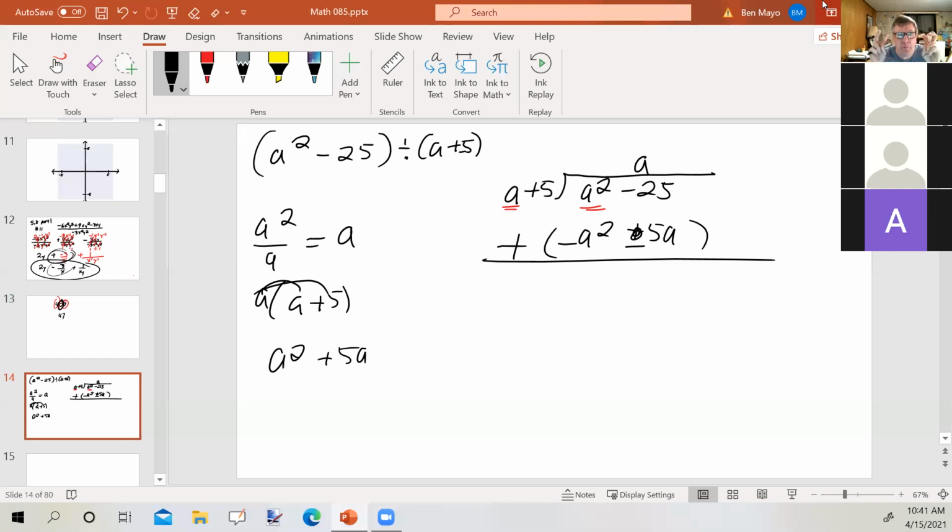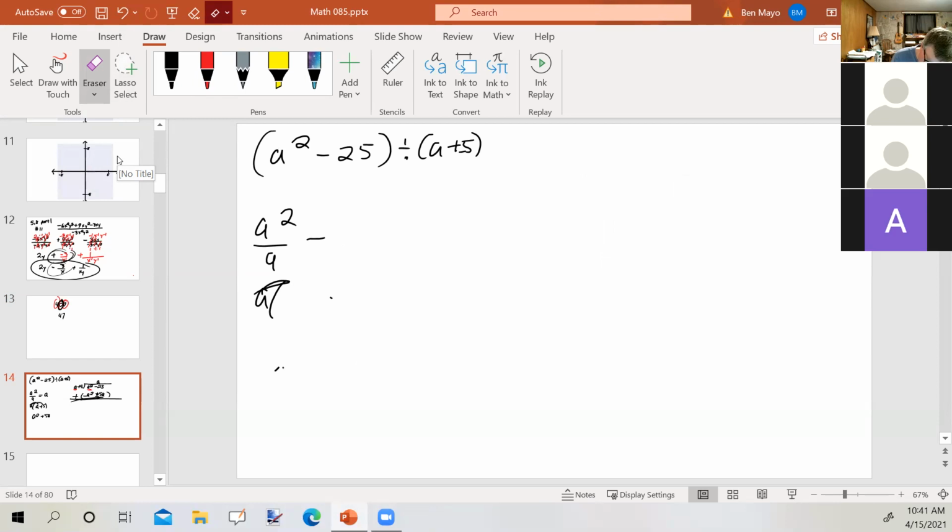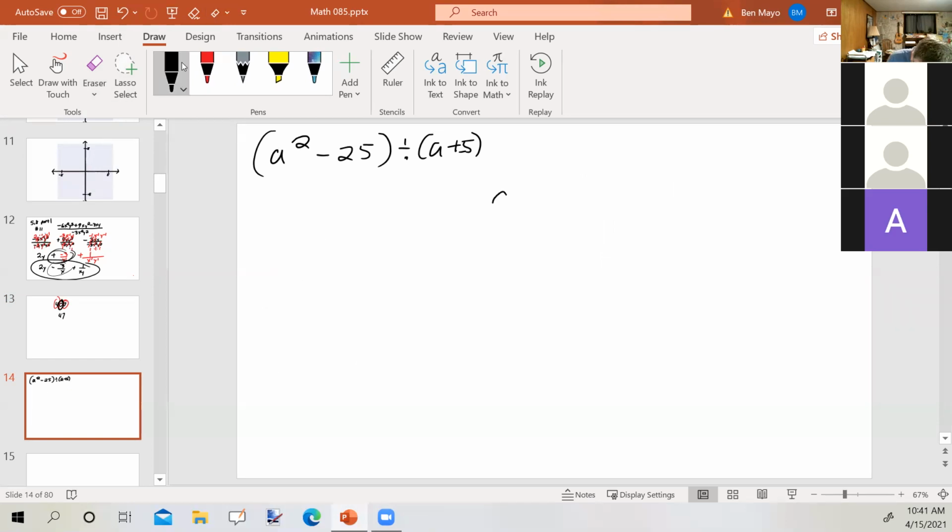They have different placeholders. So let's go back and let's do this problem again. Actually, we never actually finished it. What we're going to do now is we're going to put in a placeholder. So I've got a plus 5 on the outside, a squared plus 0a minus 25.